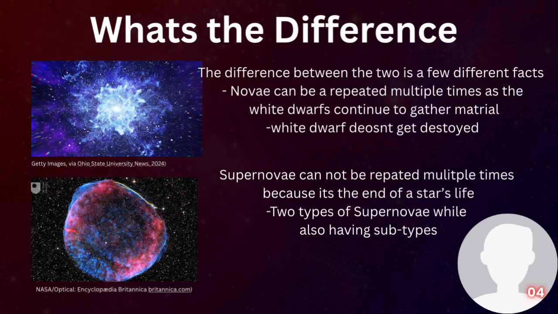The reason being is that when a supernova occurs, it's the end of a star's life. As I go forward, I will be talking about two types of supernovas, while they also have their subtypes that I will also be addressing.